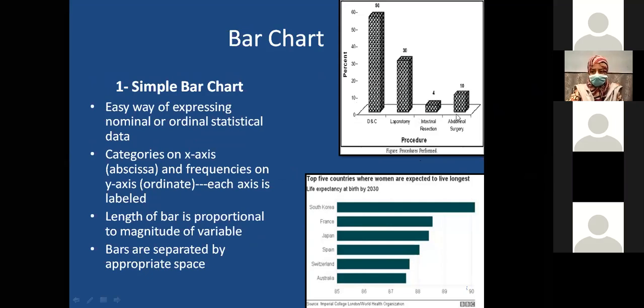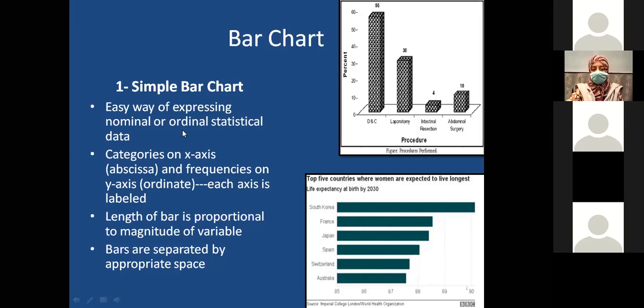On the x-axis you have the types of interventions: DNC, laparotomy, intestinal resection, abdominal surgeries. This is very clear, and the height of each bar shows the frequency, the percentage of these procedures that occurred.